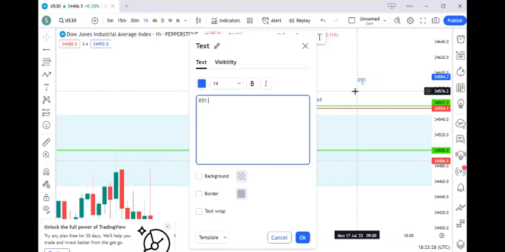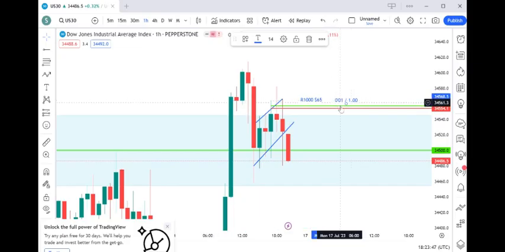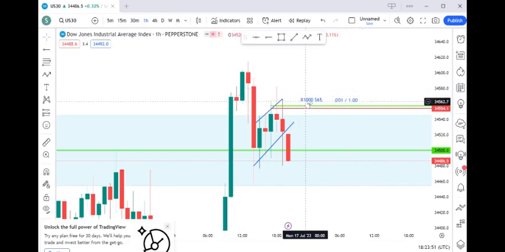If you're trading with a different broker, they might not have a 100 contract size, so for every 1.00. So for every 1.00 or 0.01 you open on the chart, you will have 1,000 Rand funded, or $65 if you're trading in dollars.